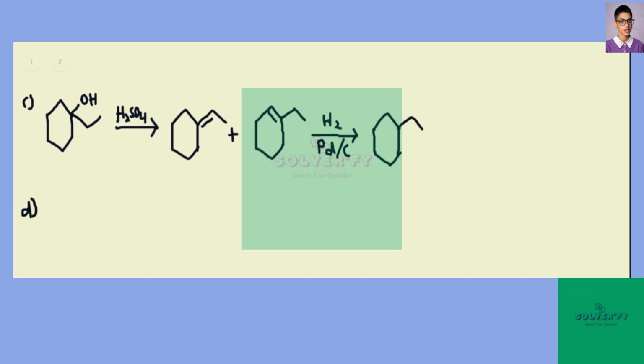So for the product of D, okay, I'm going to start from cyclohexanol. And I'm going to turn this cyclohexanol into a Grignard reagent.